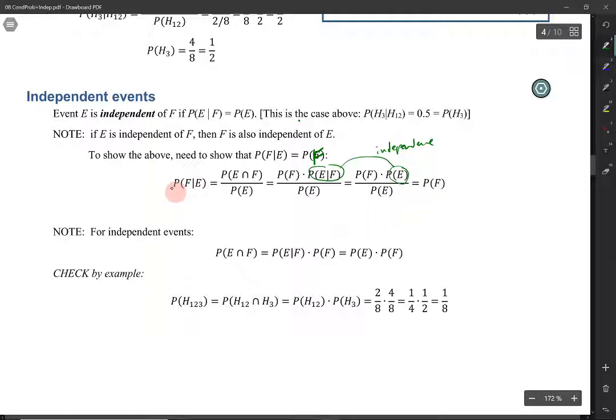So now you've shown that if the probability of E given F is the same as E, that they're independent, then it works the other way around.